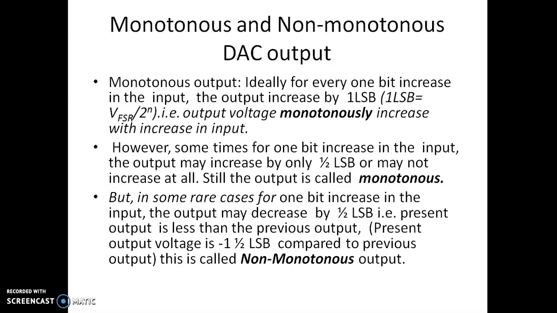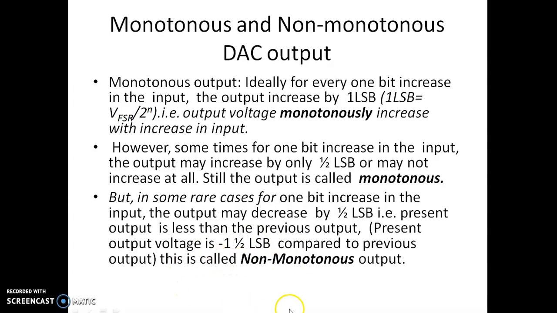Now, why it is called non-monotonous is because you are supposed to get an increased output voltage for every increment in the input, but here we are getting a reduction in the output voltage. If the reduction is more than minus 1.5 LSB compared to the previous value, we call such outputs non-monotonous output.